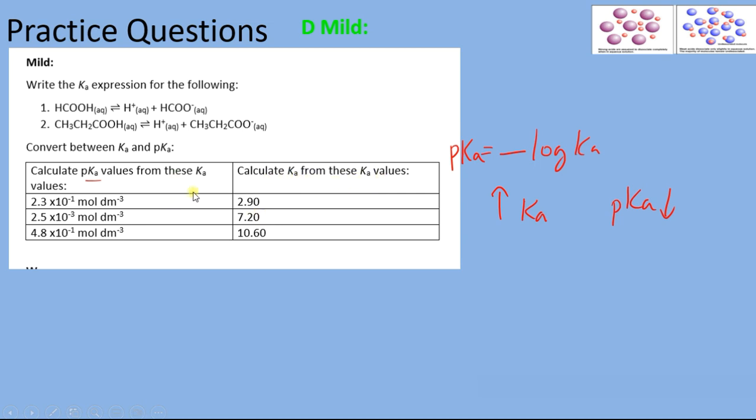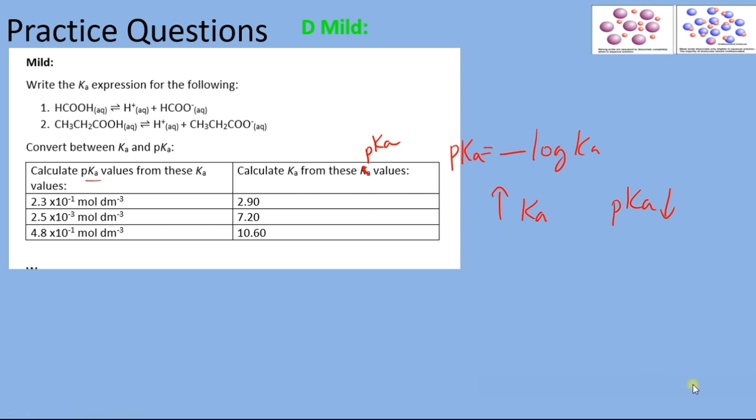Okay, calculate pKa from these Ka values, right? This is just the reverse of this, calculating Ka from the pKa values. So you can practice these questions and then check the answer in a minute.